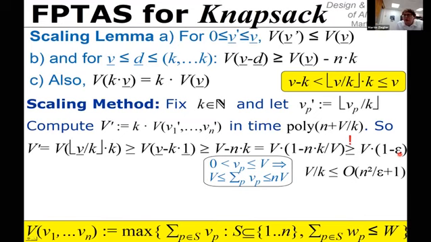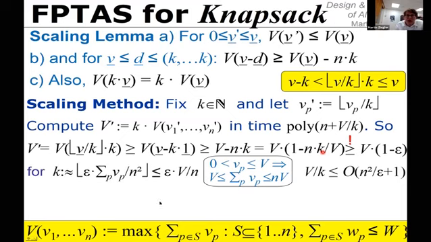So how can the algorithm deal with it? How can the algorithm make this expression less than epsilon, right? That's the goal. Let's see, no, it should become larger than epsilon, and this can be achieved by making k sufficiently large.